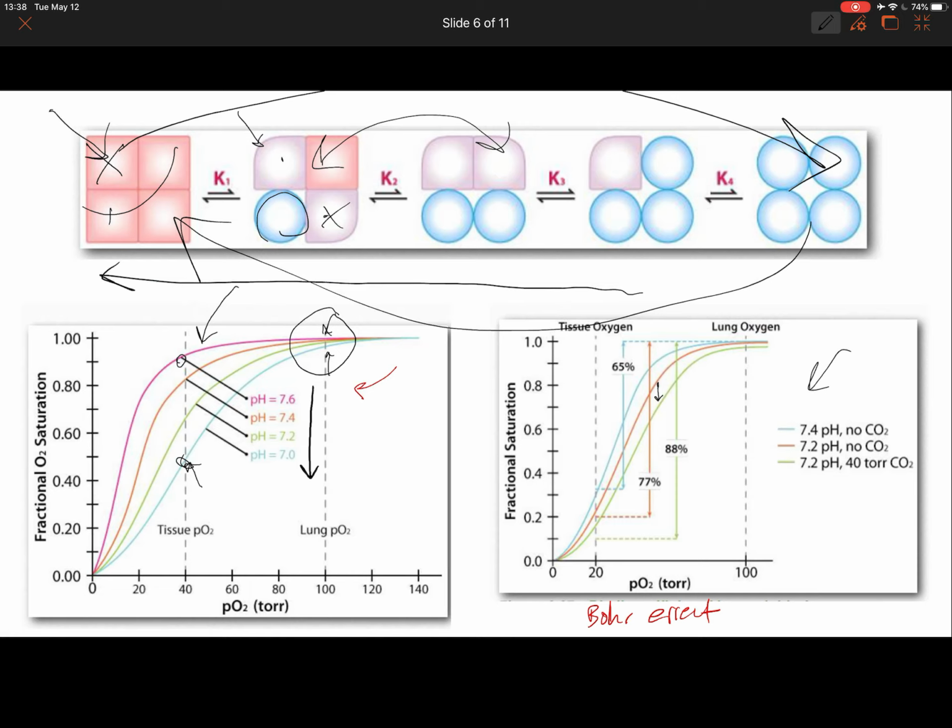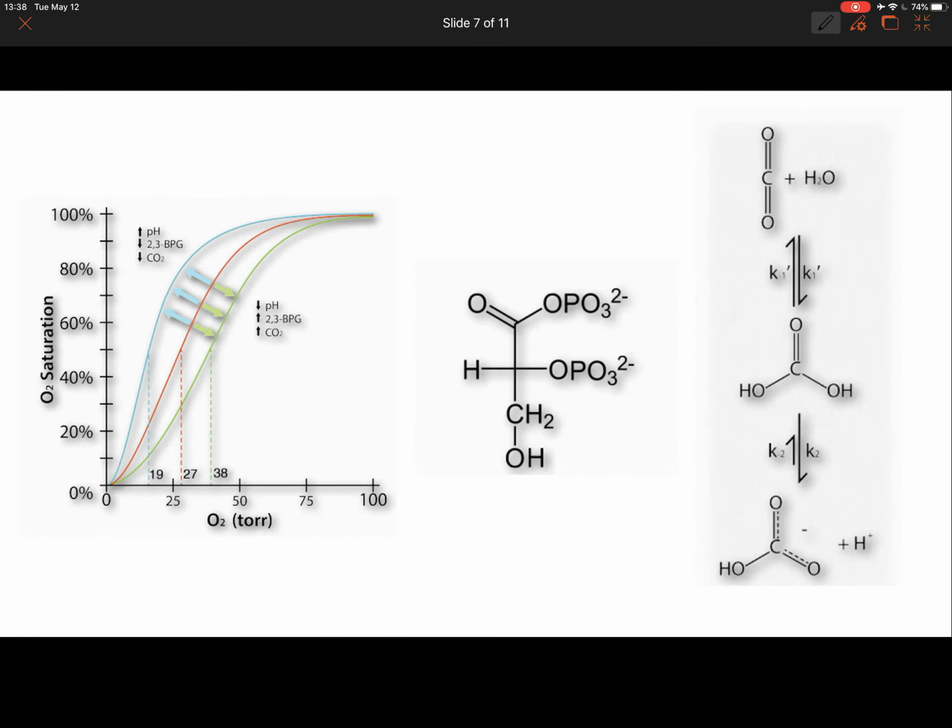Other histidines, and the amines of the amino acids in the alpha chains, are also binding sites for protons. Okay, so there's this molecule here. This is 2,3-BPG. We're going to talk about that a little bit too. 2,3-BPG is also 2,3-bisphosphoglycerate.